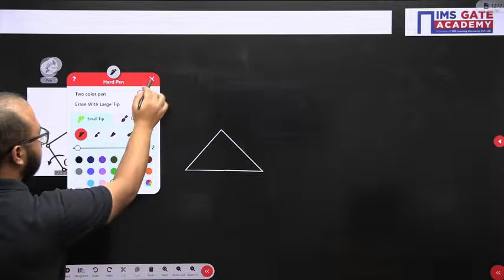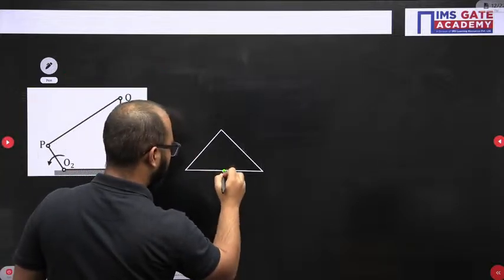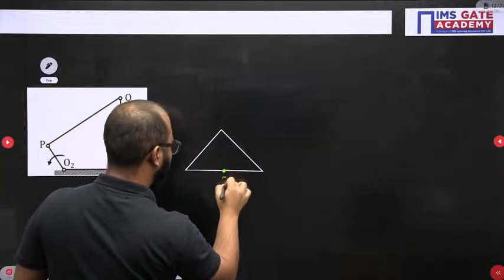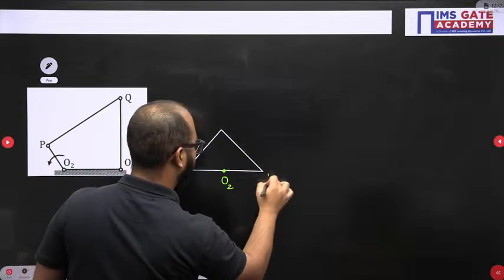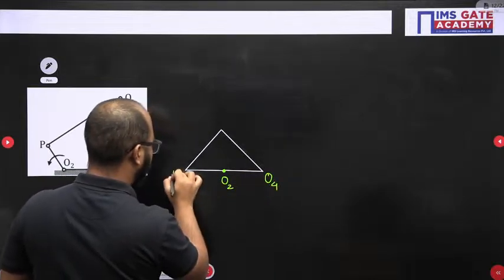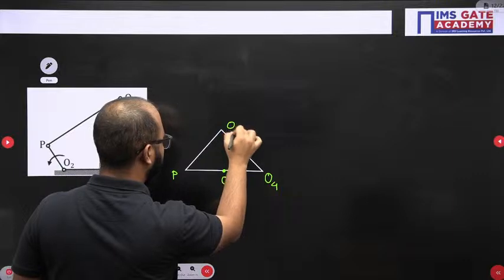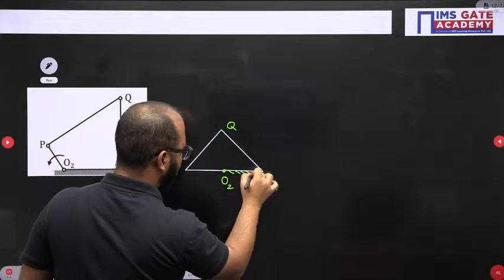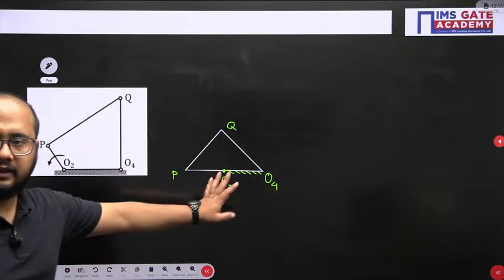Now see, this is O2, this is O4, this is P, this is Q, and O2O4 is fixed, right?